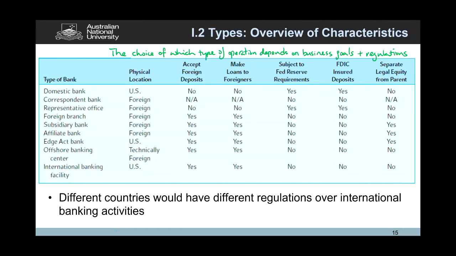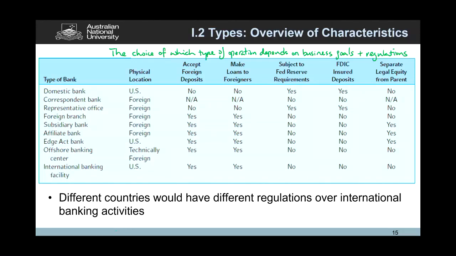However, for US banks operating a foreign branch elsewhere, you do not have to meet Federal Reserve requirements. You don't have to hold deposits and reserves up to American standards, and you do not have to offer FDIC insured deposits.